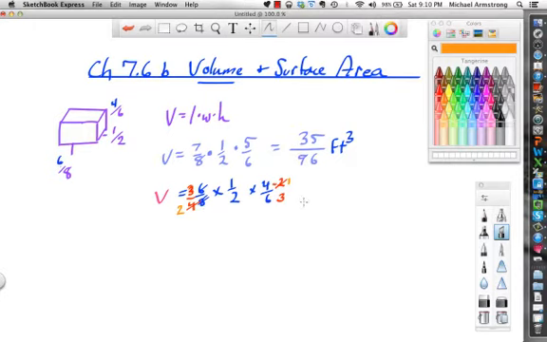And then it looks like I could simplify this 3 and this 3. I forgot to cross those out. This 3 and this 3 down to 1 and 1. And then when I start to multiply, I've got 1 times 1 times 1. 2 times 2 times 1 is 4. So 1/4 feet cubed.